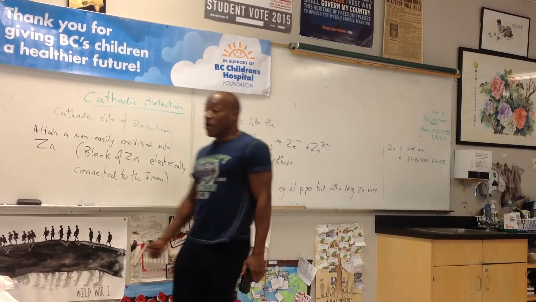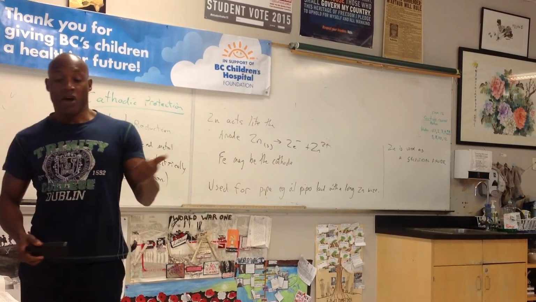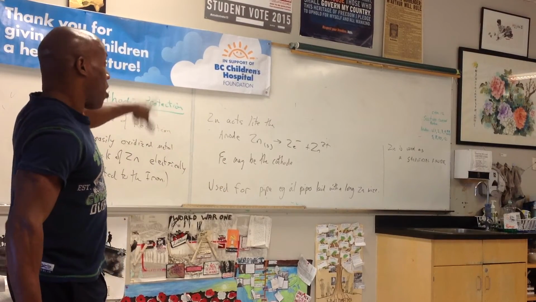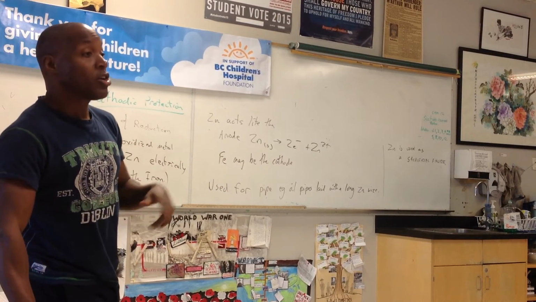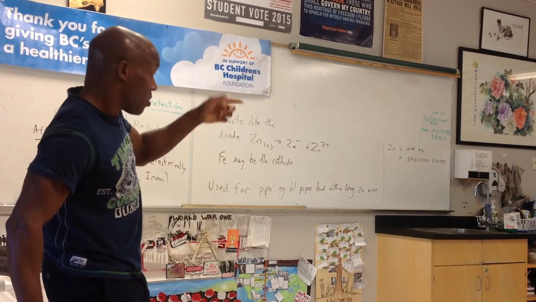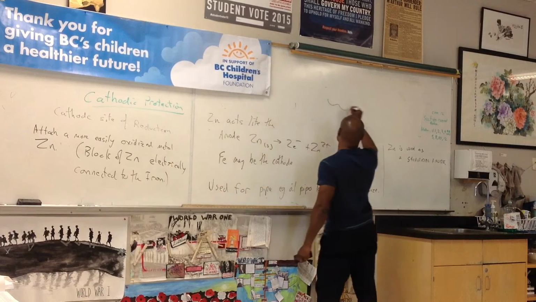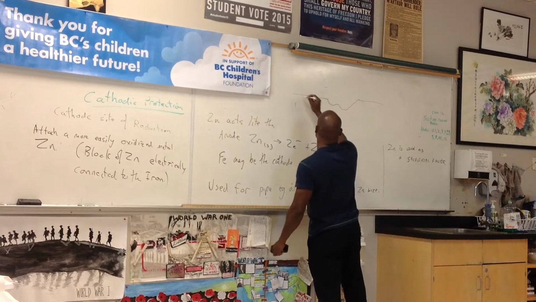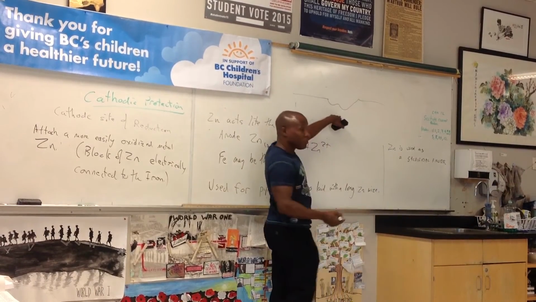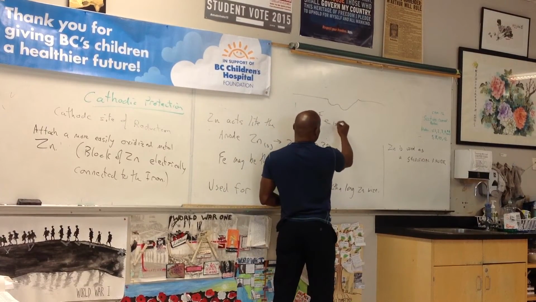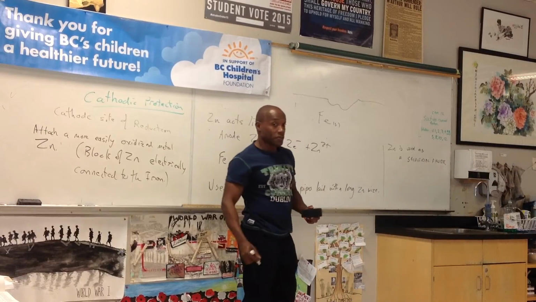Now, we talked about different ways of protecting the iron. Just to summarize, we need to keep the oxygen and the water away from the iron, because the iron will undergo this reaction and it will rust. As you read your textbook, the book will show how if there's a chip in the paint on solid iron, you will get oxidation occurring.